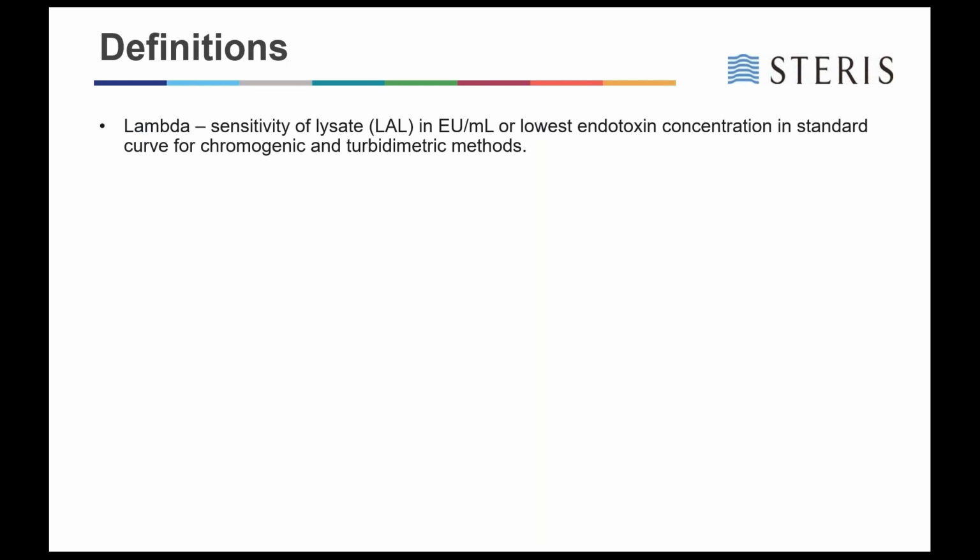In addition, we have lambda, which is a Greek letter, but also an important key term describing the sensitivity of the lysate in endotoxin units per milliliter, or it can be also referred to as the lowest endotoxin concentration in the standard curve, which is important for the chromogenic as well as the turbidimetric BET testing methods.